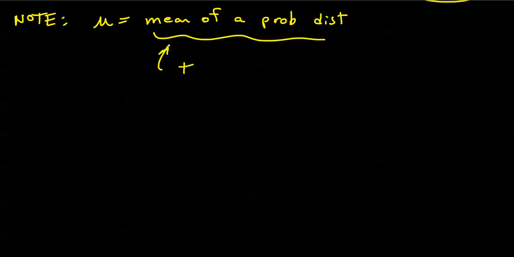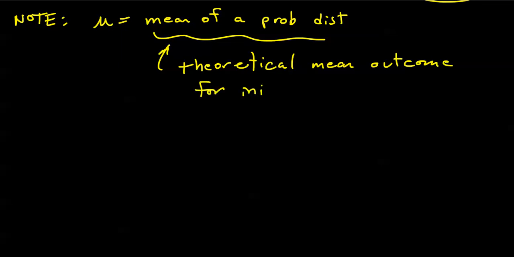I'll say this is the theoretical mean outcome, or average outcome, for infinitely many trials of any particular experiment.